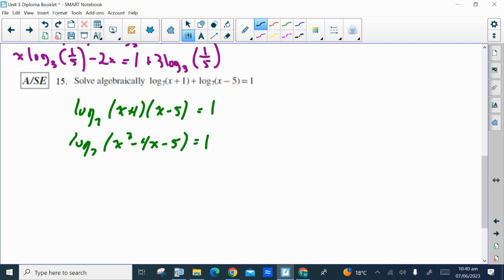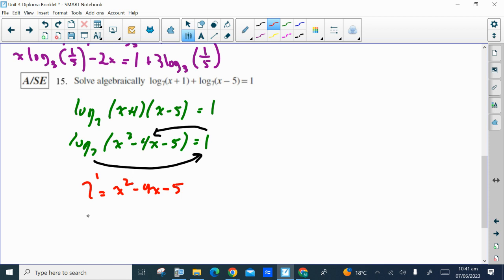And now we will convert from logarithmic to exponential. It'll be 7 to the power 1 equals x squared minus 4x minus 5. And obviously 7 to the power 1 is 7. We've got a quadratic on the right. There's an x squared and an x. So to solve that, we have to factor.